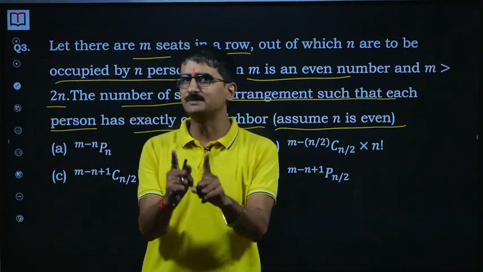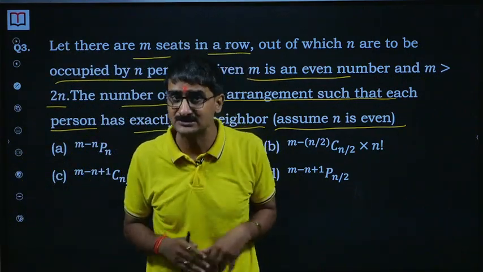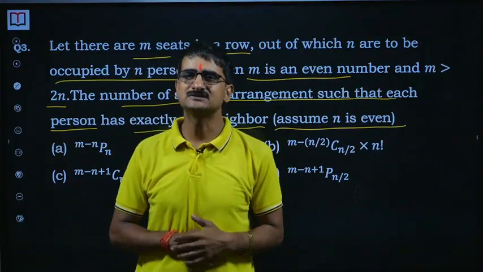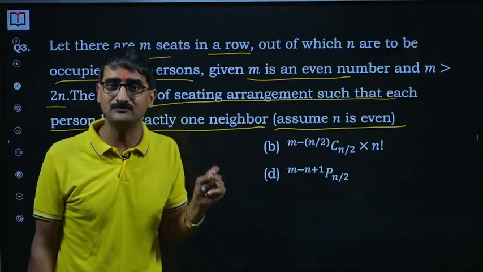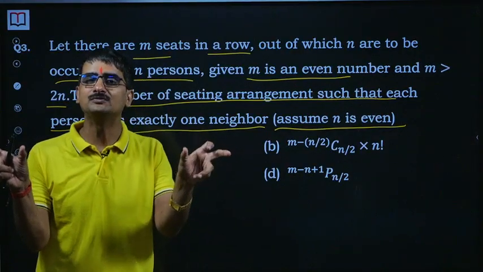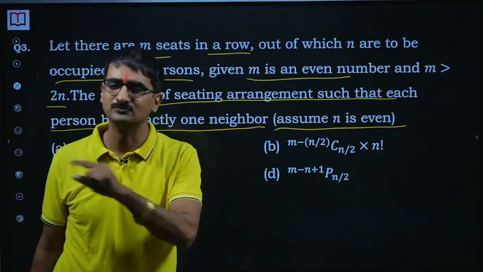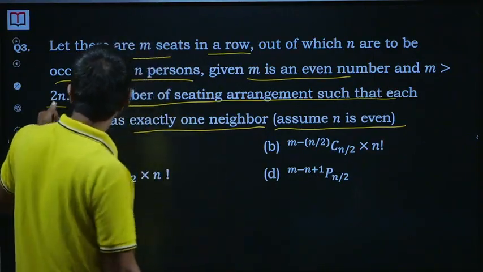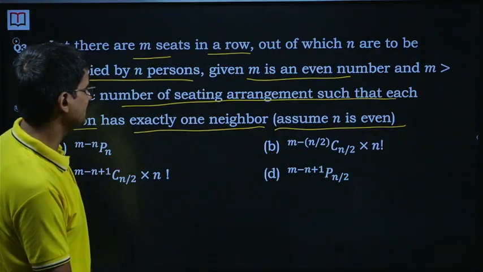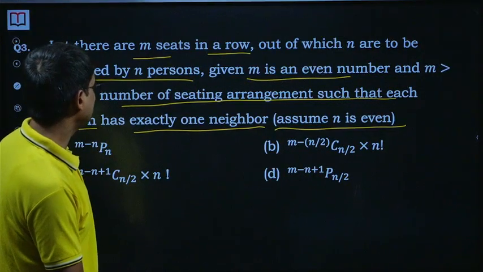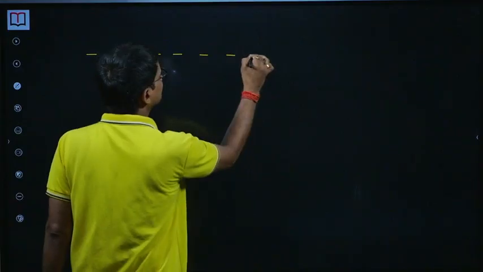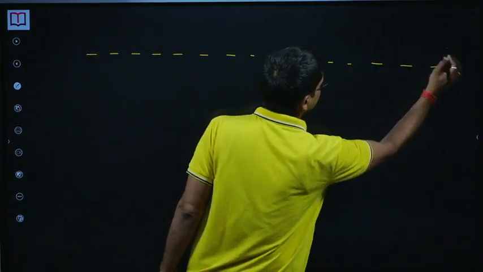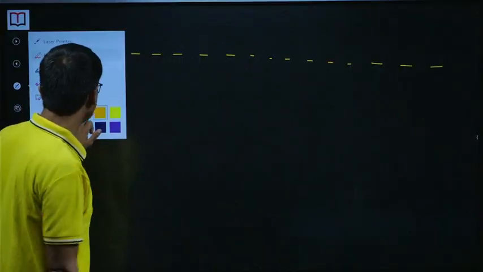What does that mean? 2 persons sit together, and then there has to be a gap of at least 1 seat, 1 chair. So at least 1 chair has to be left vacant between any 2 groups, and each group will have 2 persons. Now see, if I mark m seats, let's say these are m slots, m seats.